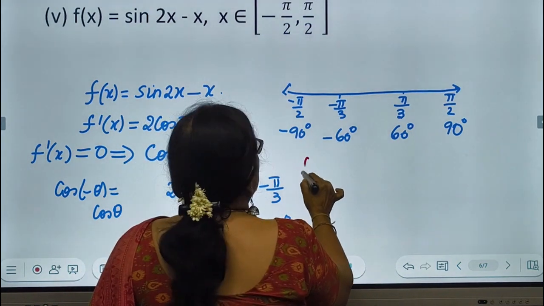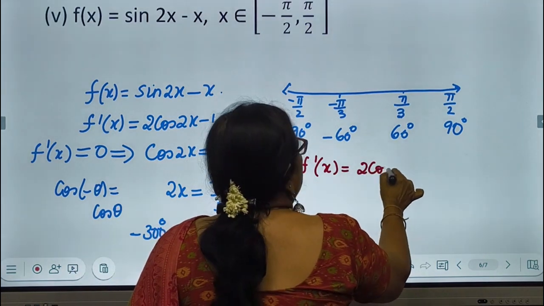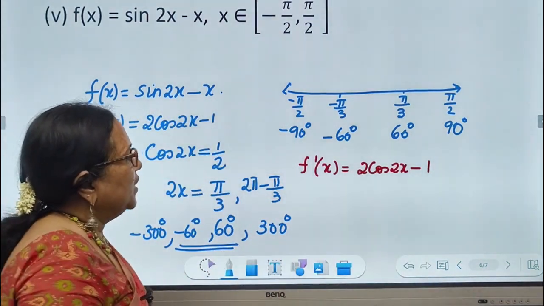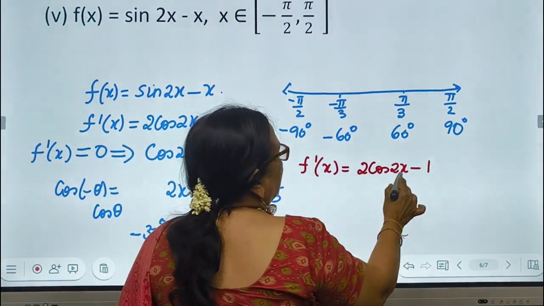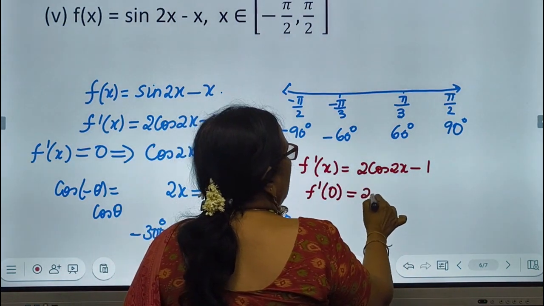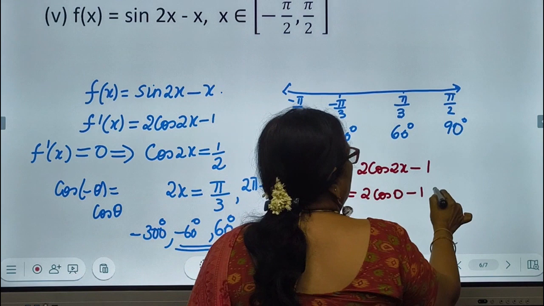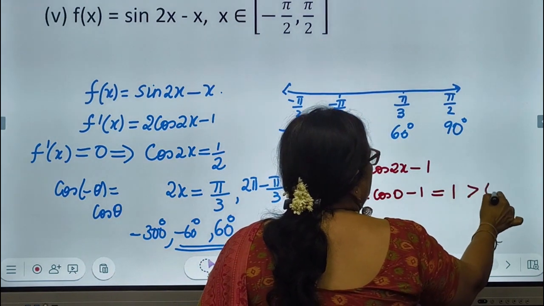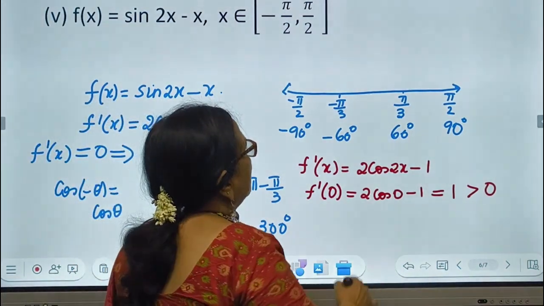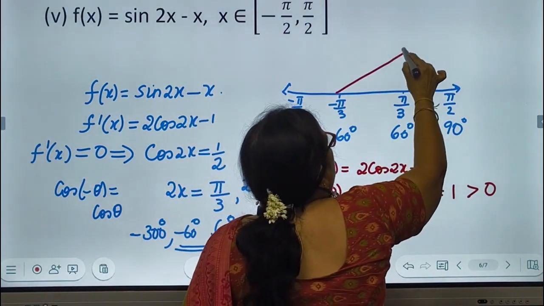What is f dash of x? f dash of x is 2 cos 2x minus 1. Now f dash of 0 will be 2 cos 0 minus 1. This is 2 minus 1, 1, which is greater than 0, because cos 0 is 1. So from minus pi by 3 to pi by 3, the function is increasing.